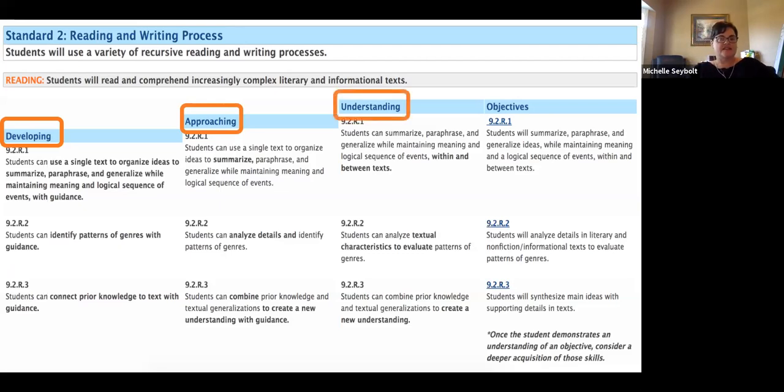And then the understanding level, which is actually the objective. The big difference here is that we've added within and between texts to the approaching level. So we can see the scaffold that is provided for students to go from developing to understanding.